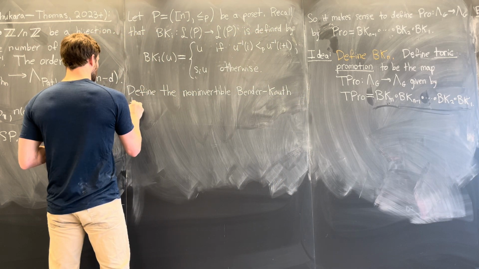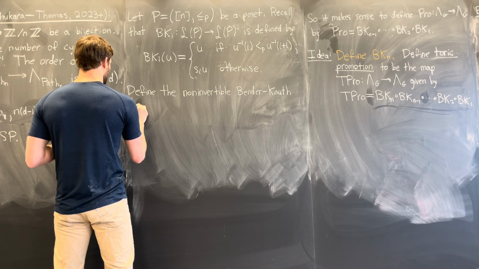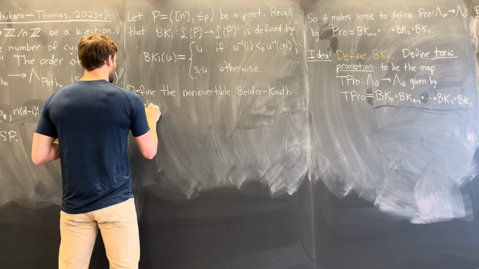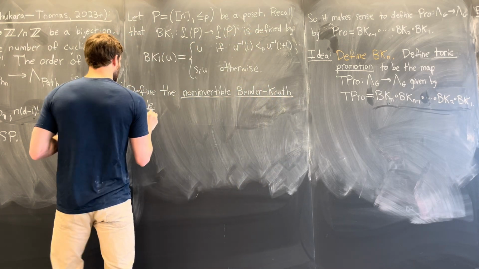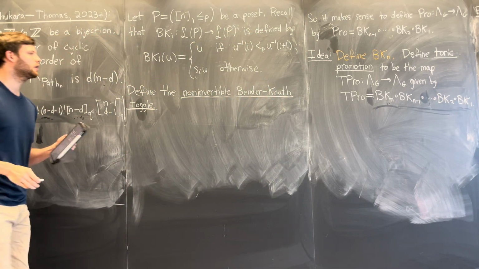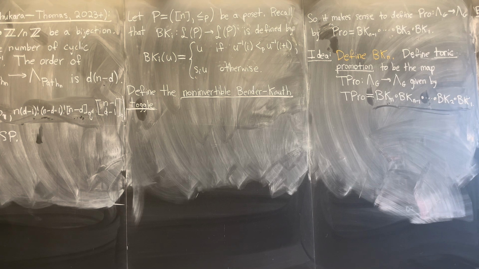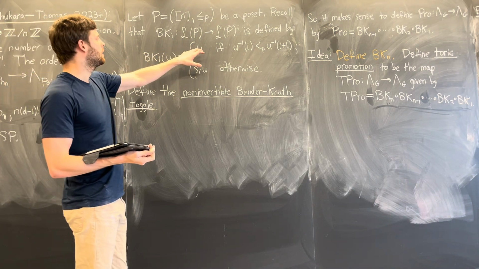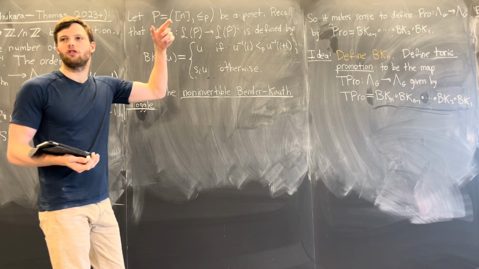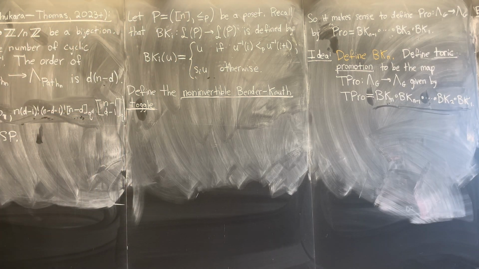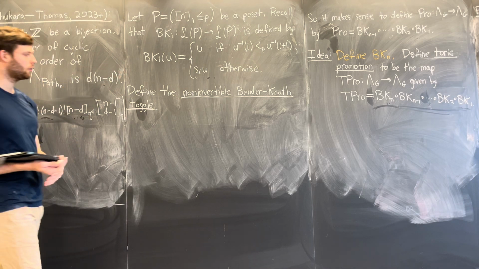I'll call it a toggle instead of an involution because it's not going to be an involution. I don't know if toggle has a well-defined meaning, but for me a toggle is something where you have some definition that either does nothing or slightly changes your object in some small local way. So this is kind of what this is doing.